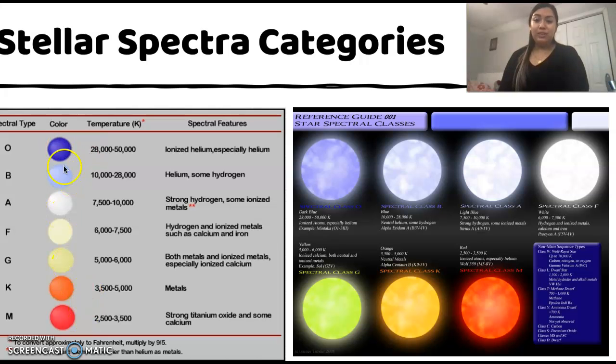So we have the hottest, which is O, and then it goes down: B, A, F, G, K, and M. Those are the categories that we have. And over here the same. Dark blue is the hottest, which is O, and then B, and the red is the coolest, which is crazy, I know.